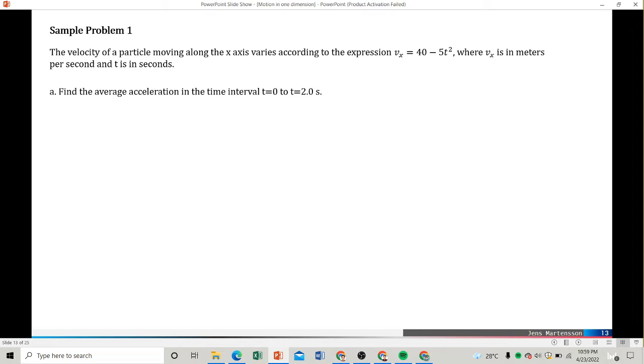A, find the average acceleration in the time interval t equals 0 to t equals 2 seconds. B, determine the acceleration at t equals 2 seconds.